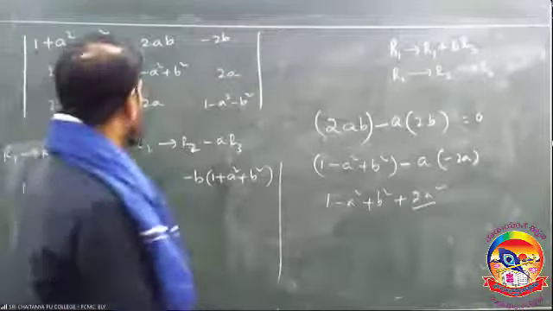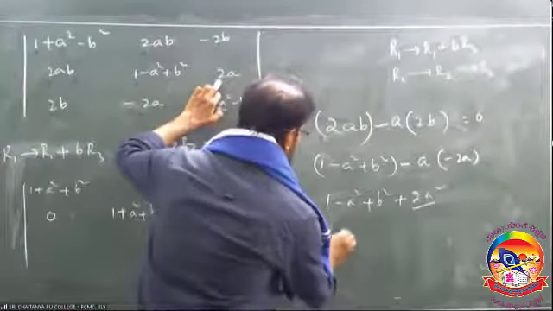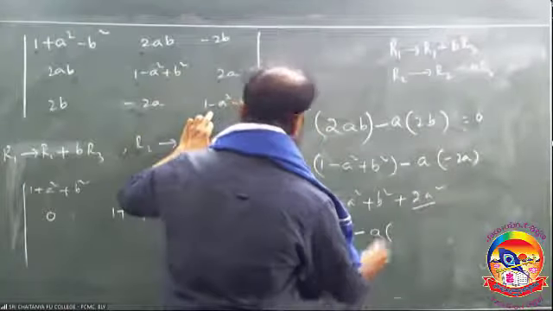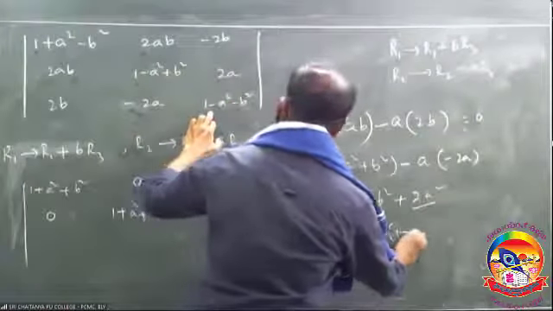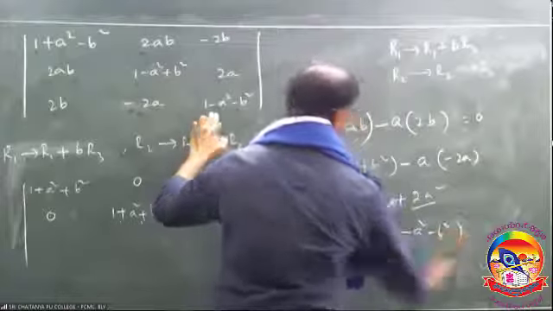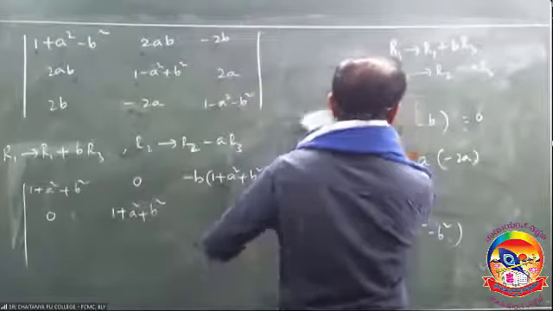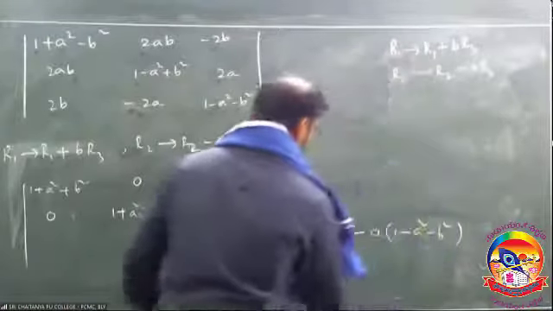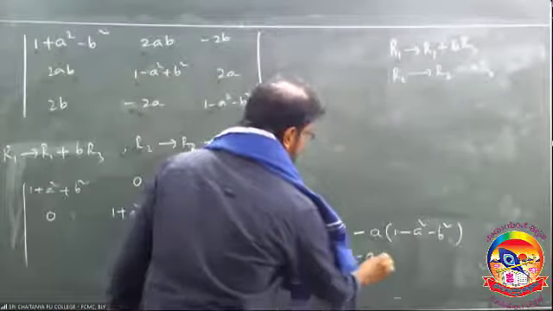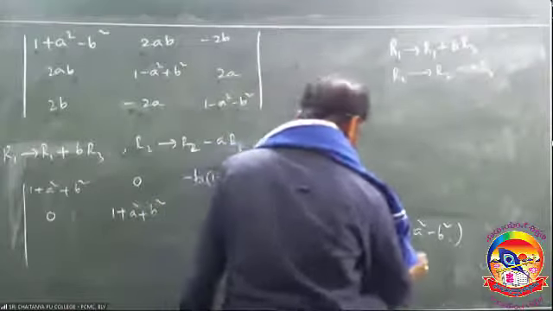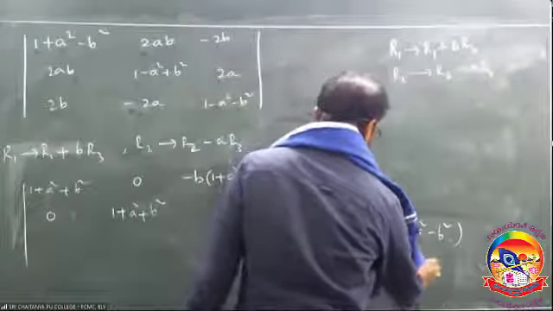Okay. Now the next element is 2a minus a into this element, 1 minus a square minus b square. Observe what you are going to get. 2a minus a plus a cube plus ab square.